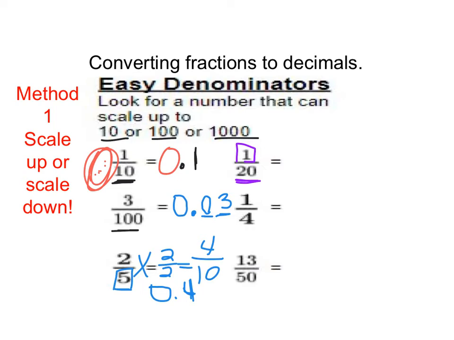So that means I would need to multiply that by something to give me 100, because that's the next base 10 denominator. So 20 times 5 will give me 100. So that means 1 times 5 will give me 5.